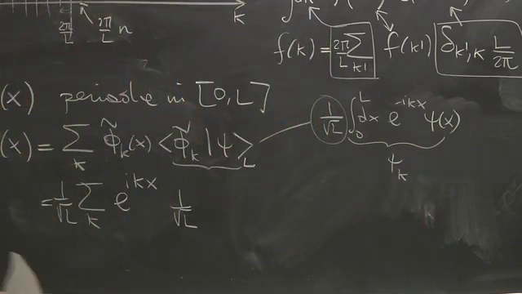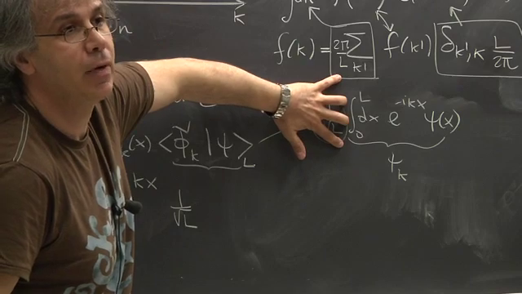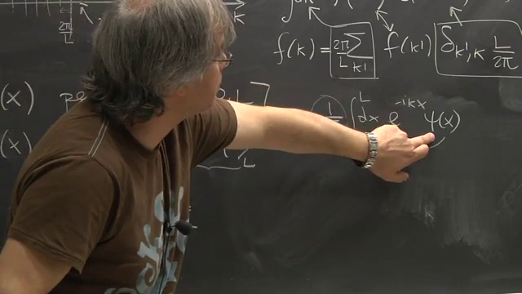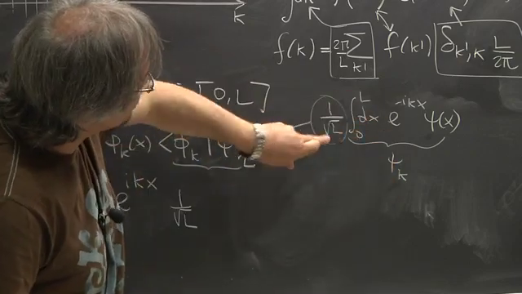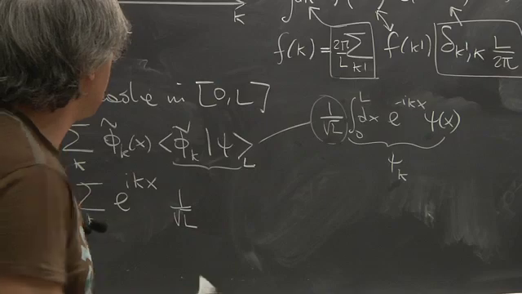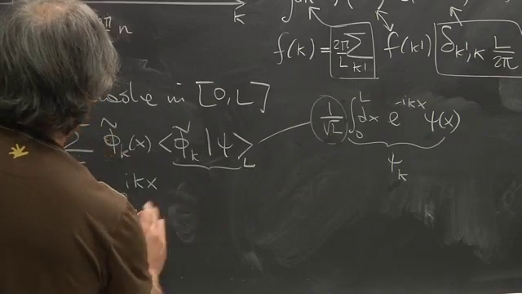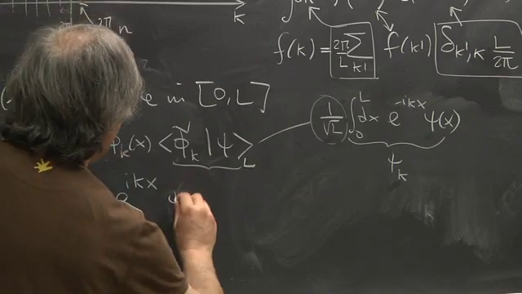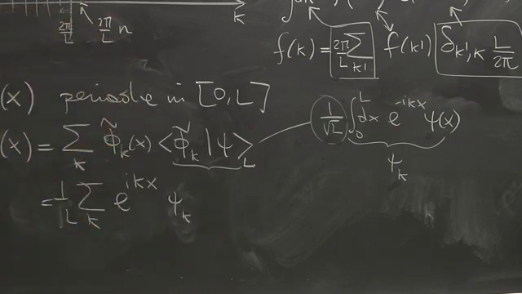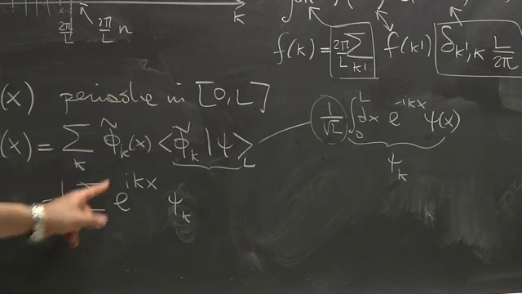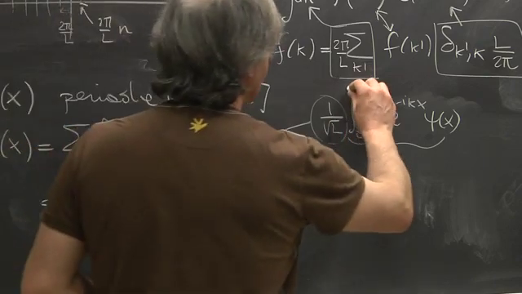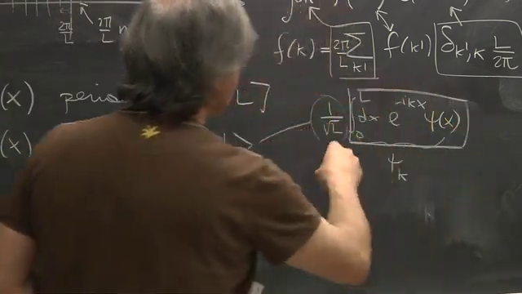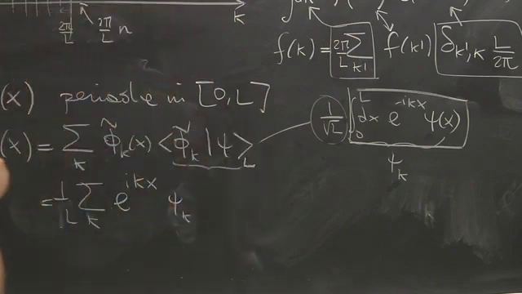This is the Fourier coefficient of the function psi of x with wave vector k. I take out the 1 over square root of L, so this is just 1 over L psi of k. You should do this little gymnastic of the 1 over square root of L and extract it from there as well. So psi of k is defined to be this rather than this.